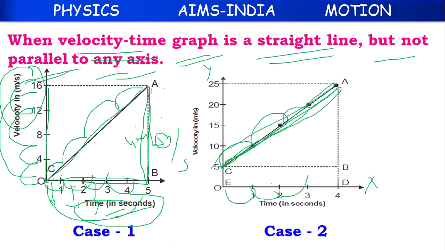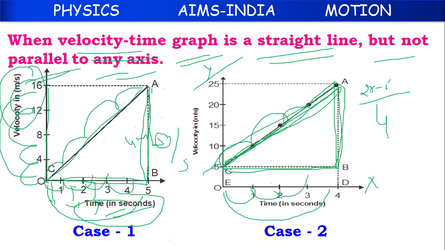By calculating its slope, AB by AC. AB value here 25, here 5, which means the change in velocity. 25 minus 5 by 0 to 4. How much time? 4 seconds. So 20 by 4 equals 5 meter per second square, which is the acceleration.